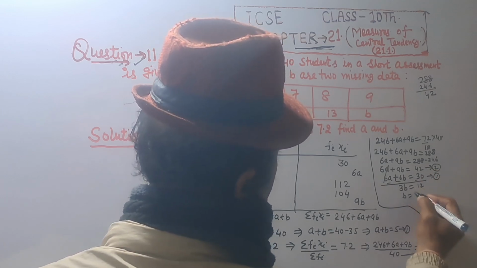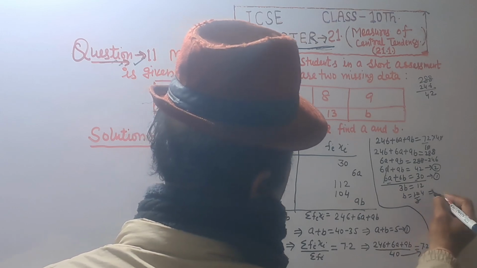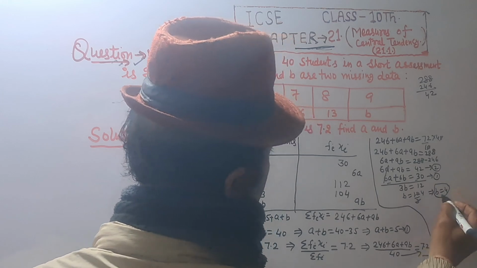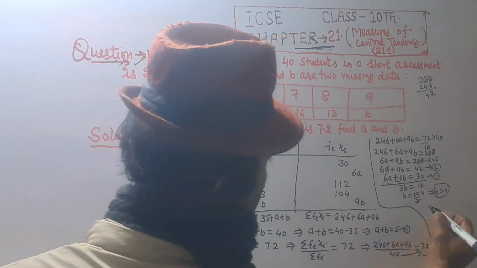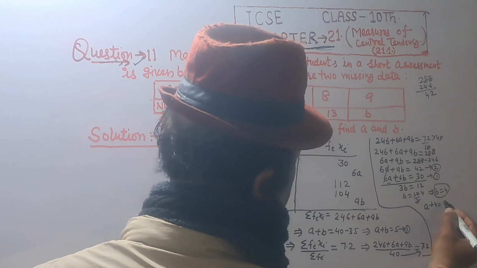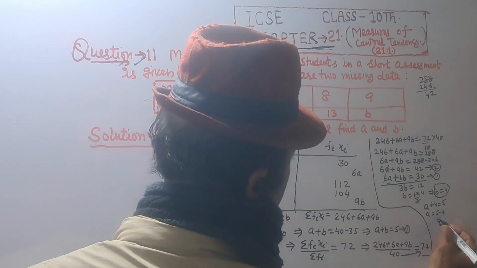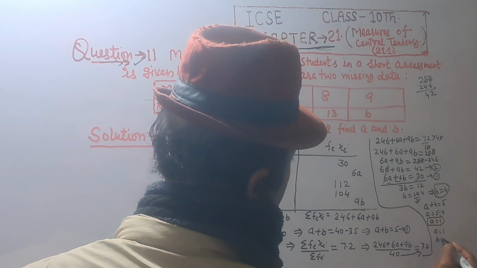So B is equal to 12 upon 3, that is equal to 4. B equal to 4, and putting B is equal to 4 in equation number first, then A plus 4 is equal to 5, and A is equal to 5 minus 4, A is equal to 1. A is equal to 1 and B is equal to 4.